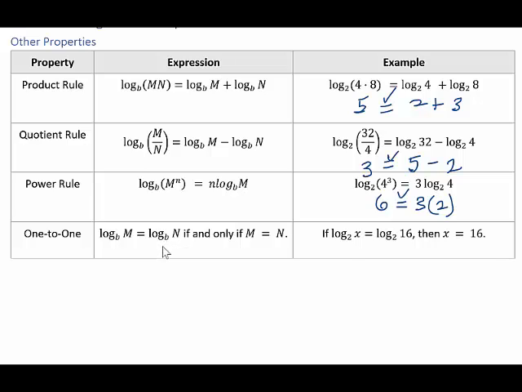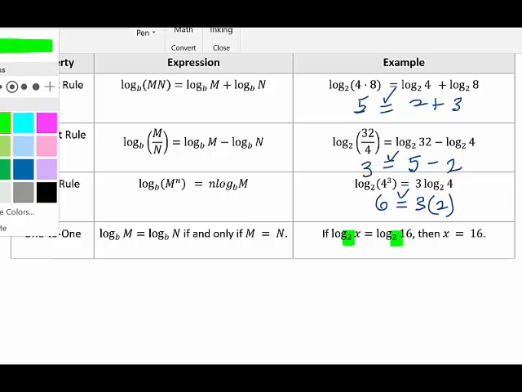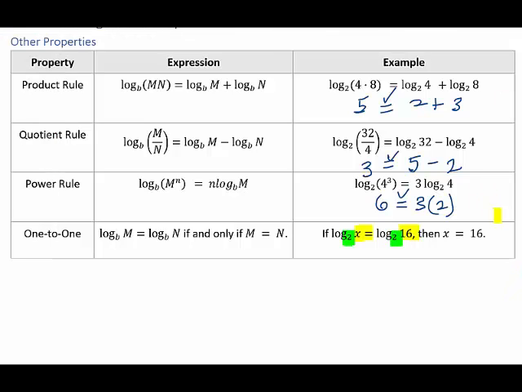Now b does have some stipulations. Remember that b has to be greater than 0 and should not equal 1. So if log base 2 of x is equal to log base 2 of 16, we see how the bases are equal, and therefore the arguments should be equal as well. So x must be 16.